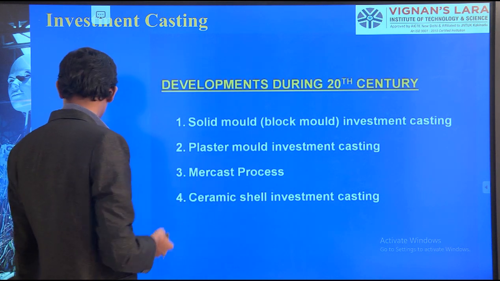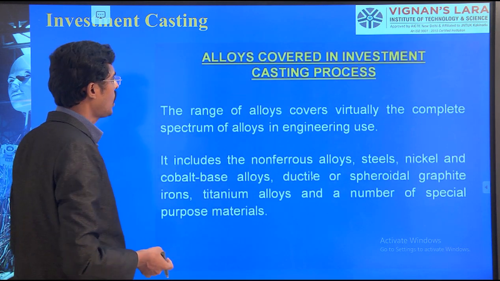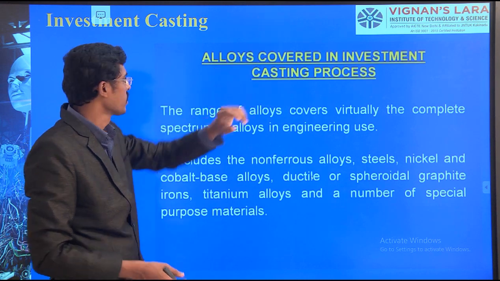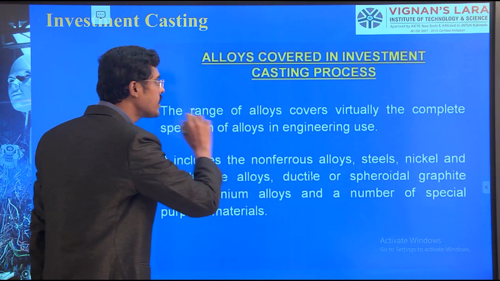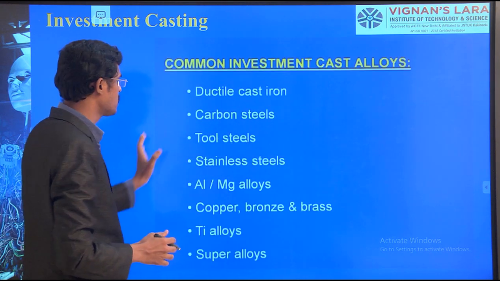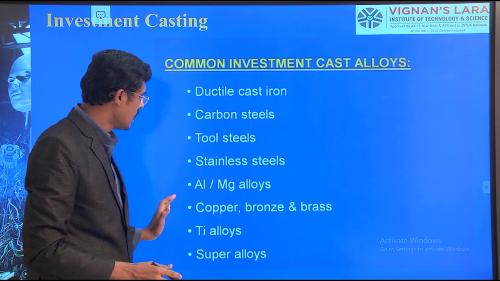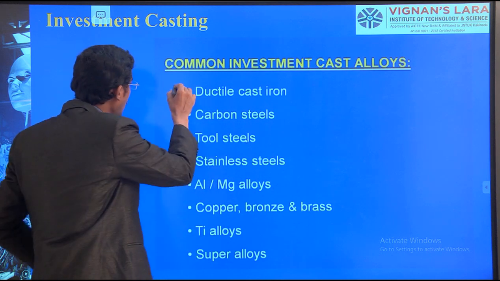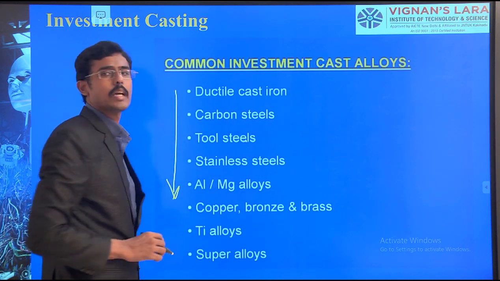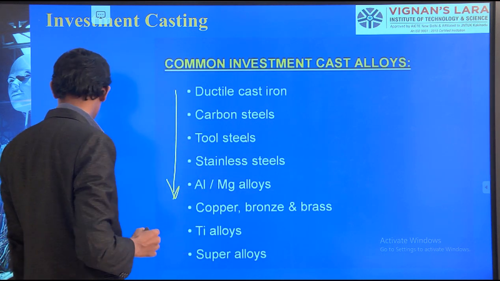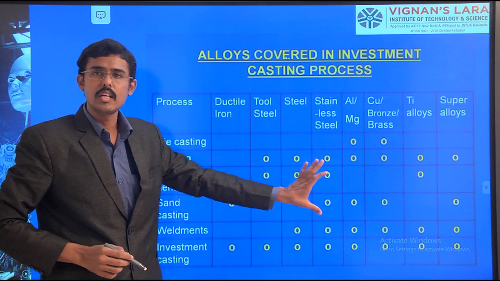So these cases we are able to see. Alloy systems: the various alloy systems are all types of complexity we have seen. These images show ductile casting, carbon steels, tool steels, stainless steels, copper, titanium, superalloys. All these types of alloys can be done by this investment casting process. This table we have already seen.